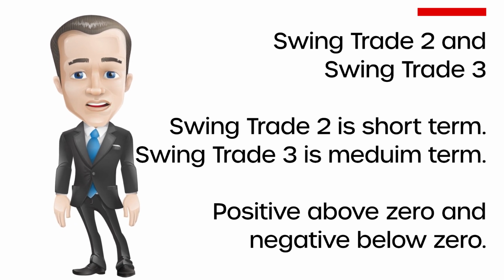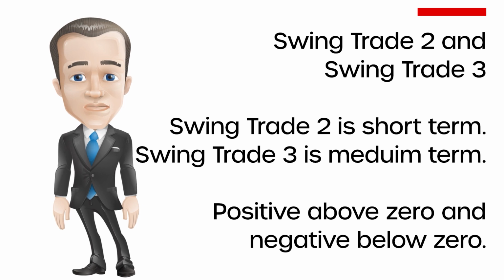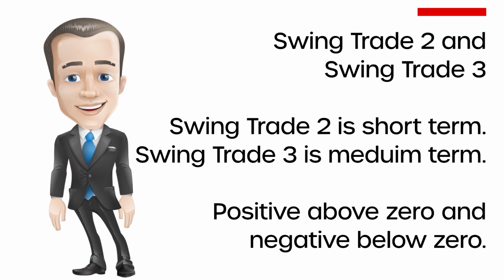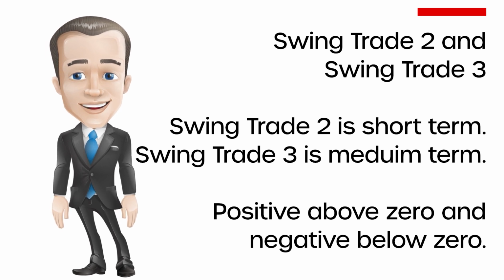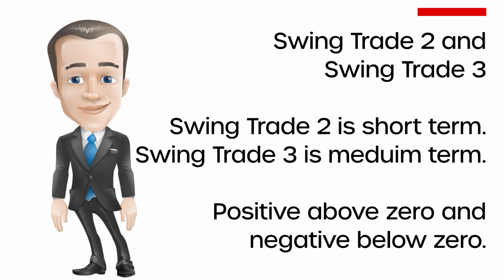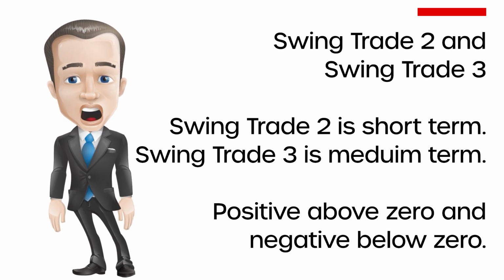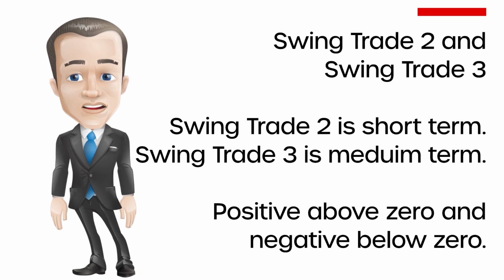If you look at the chart on the Metastock system, the second window is the swing trade 2 and the swing trade 3. Swing trade 2 is the pink color, which shows the short-term movement of the asset.